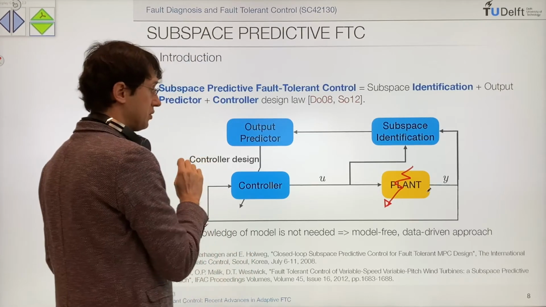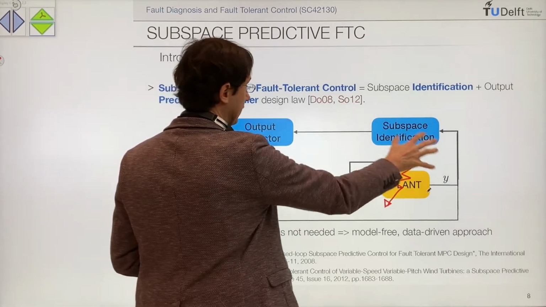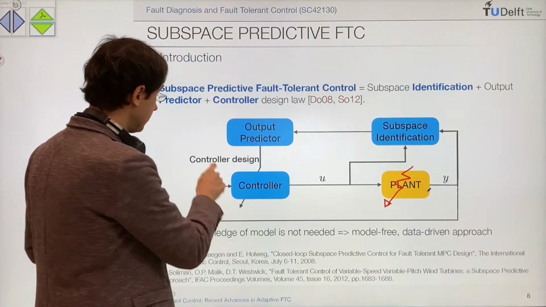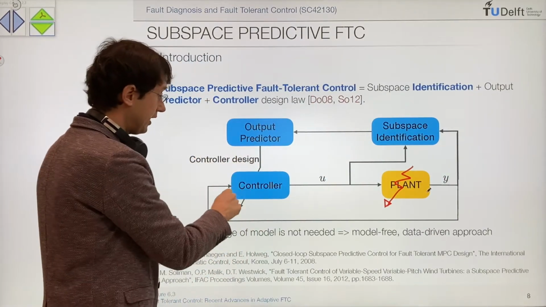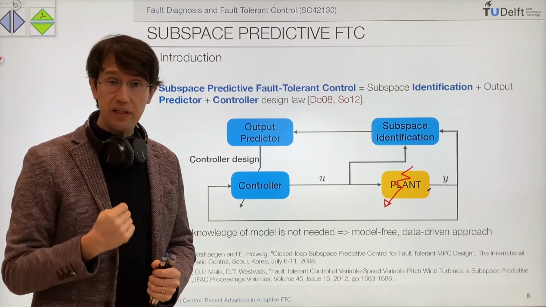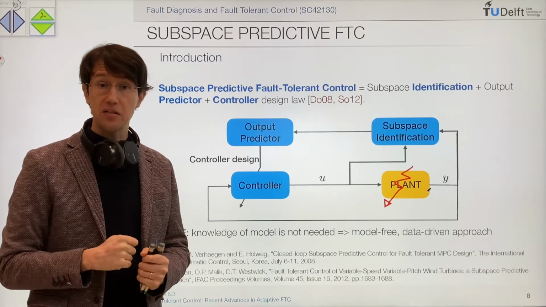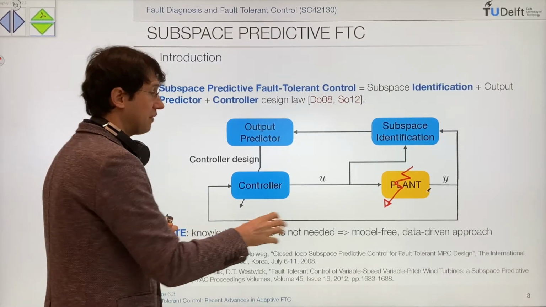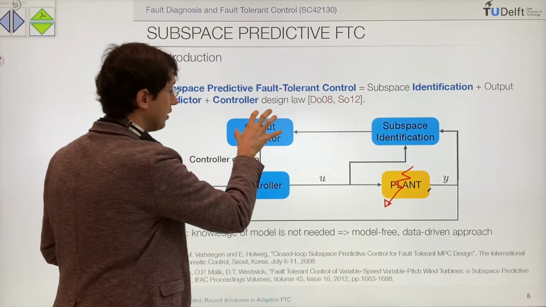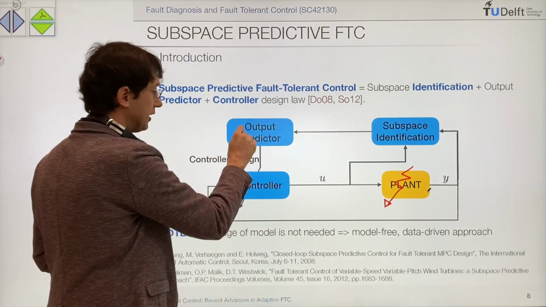One thing that I want to stress: everything that is happening here is happening online at every time step. The controller design that you see here is not something that you do once. It's something that is repeated at each time step. So you have this flow of data coming from the plant, you identify your model, you update your output predictor.